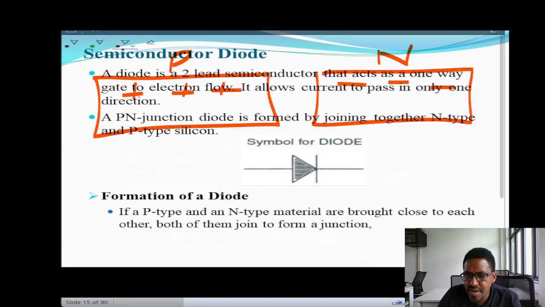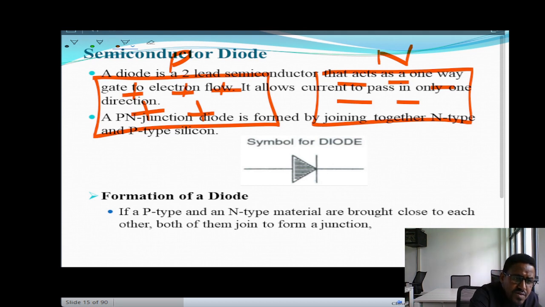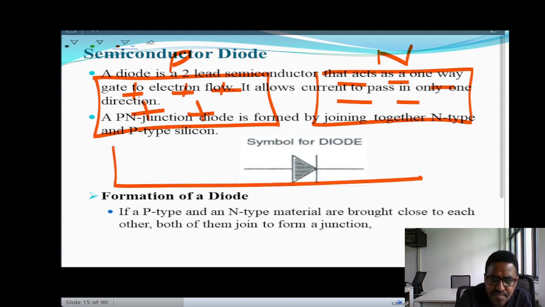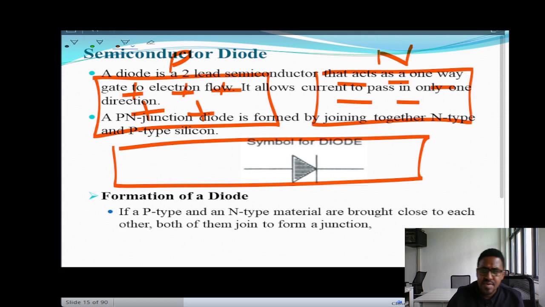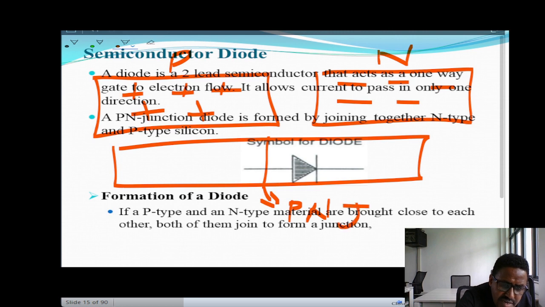Formation of a diode. How to form a diode? If p-type materials and n-type materials are brought close to each other, both of them join to form a p-n junction. That's what we call it.